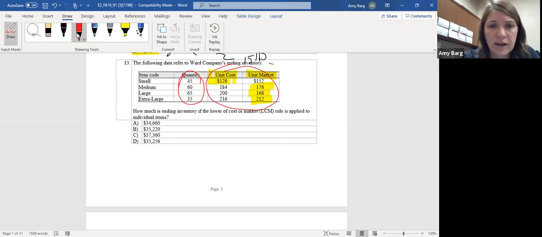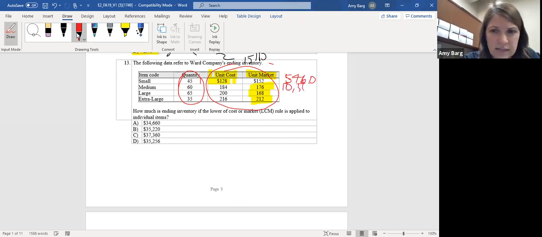So 45 times 128 is 5,760. 60 times 176 is 10,560. 65 times 168 is 10,920.